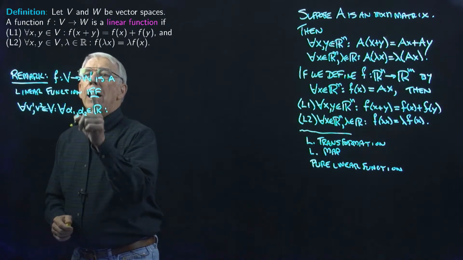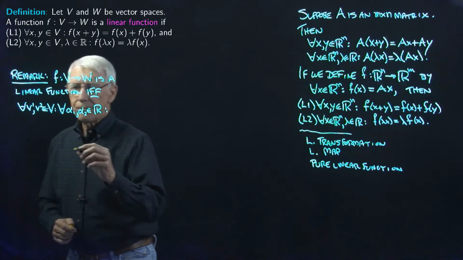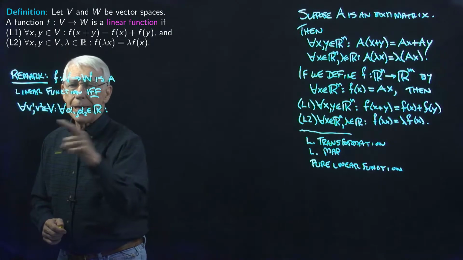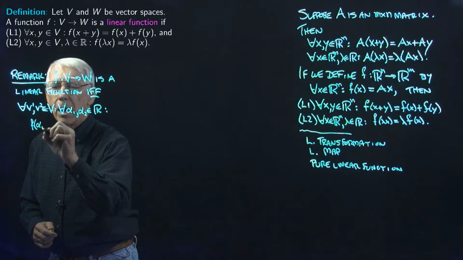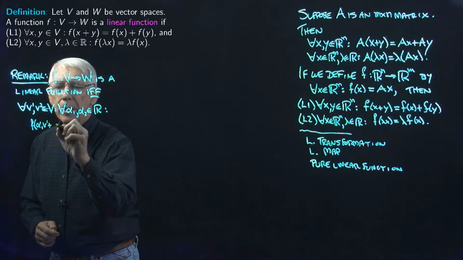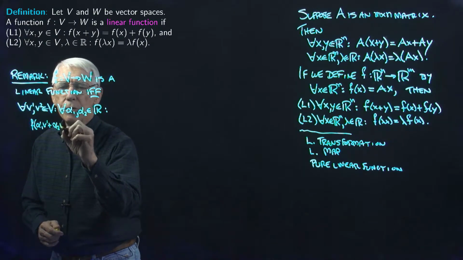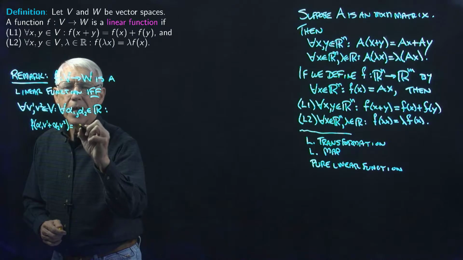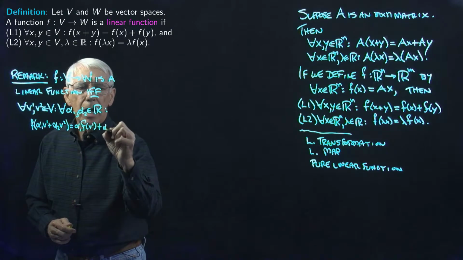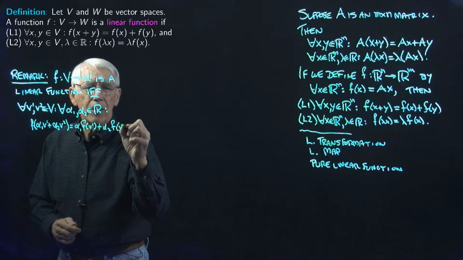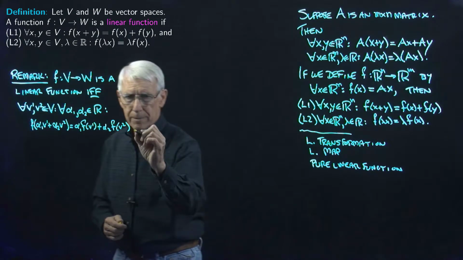So the condition here is that for any vectors and any scalars, f of alpha 1 v1 plus alpha 2 v2 is alpha 1 f of v1 plus alpha 2 f of v2.